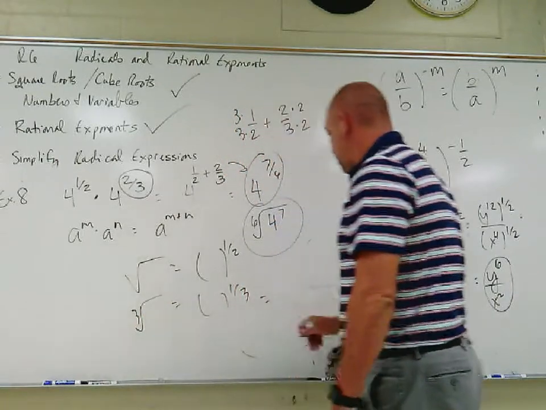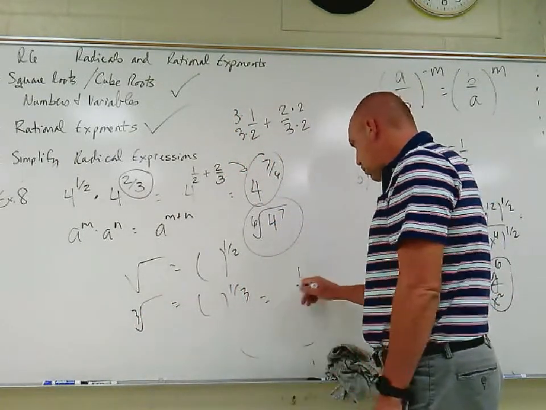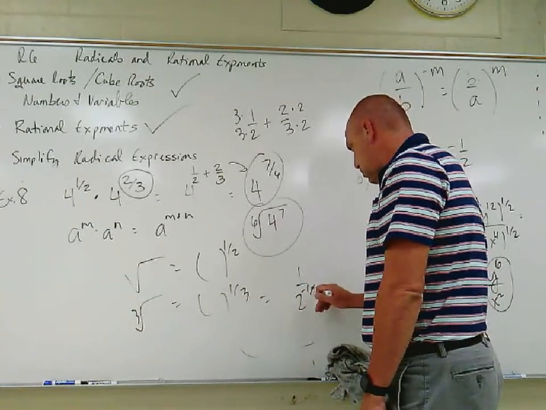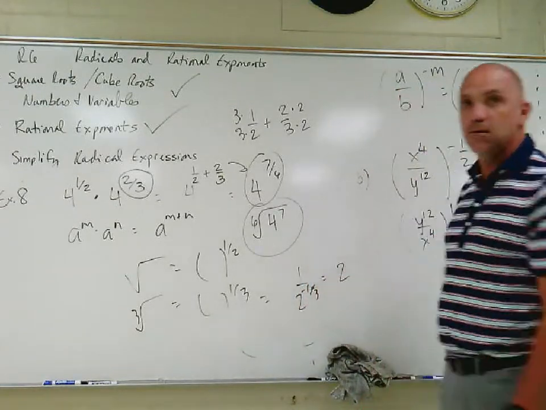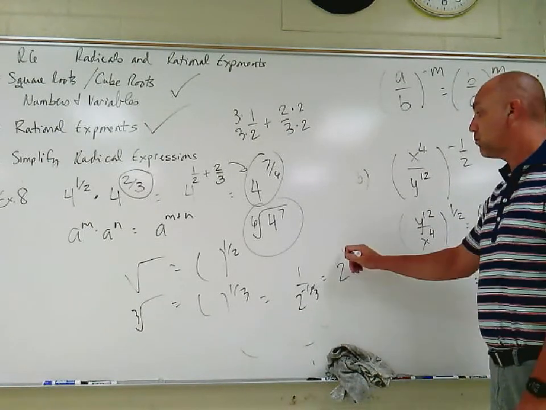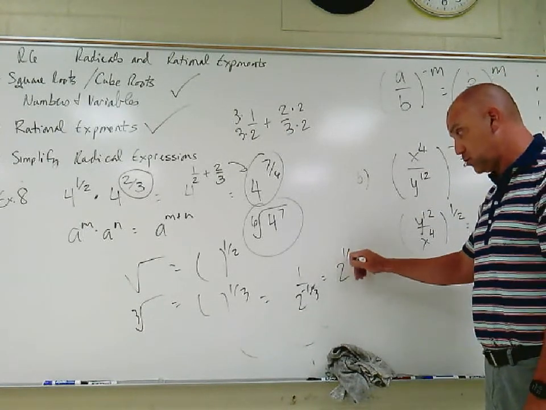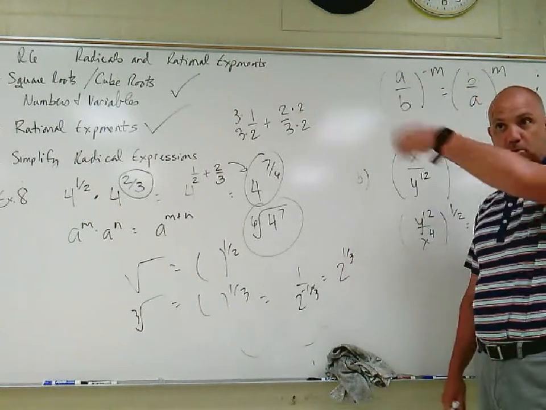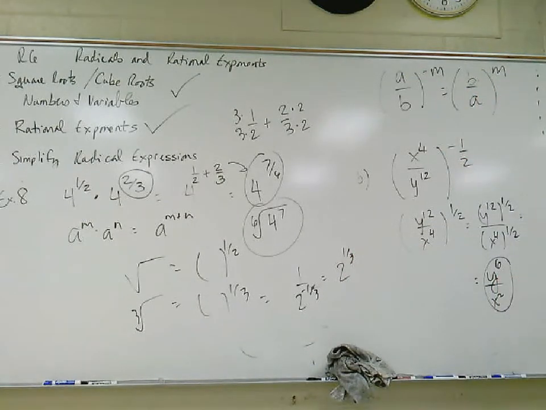So if I had, say, 1/2 to the negative 1/3, I can make that 2 to the 1/3, right? You can change its location in a fraction to make it positive.